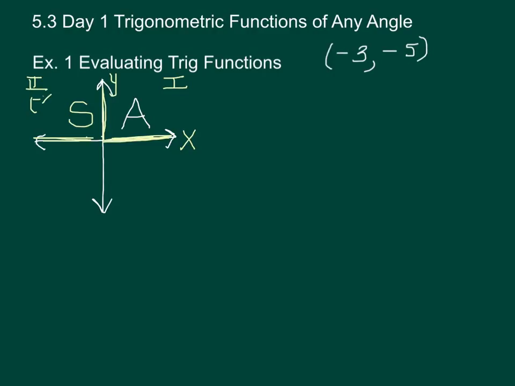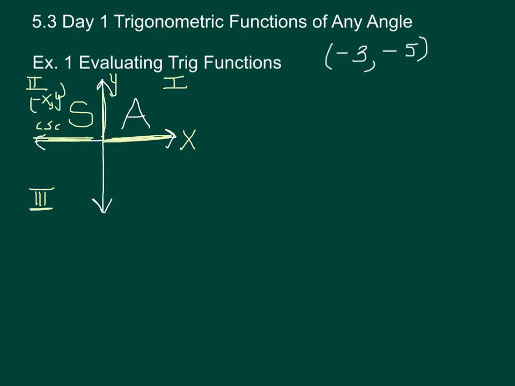So do negative x, positive y. In this quadrant, only sine and its reciprocal cosecant are positive. I'll put cosecant.